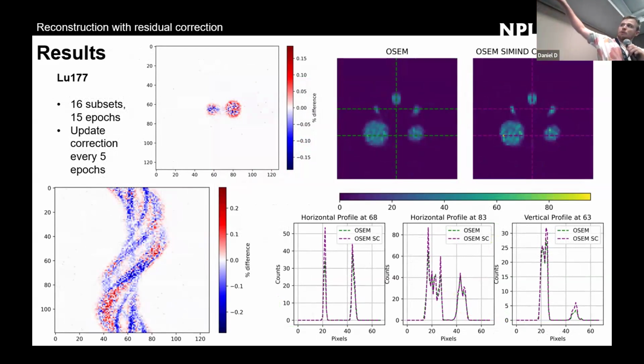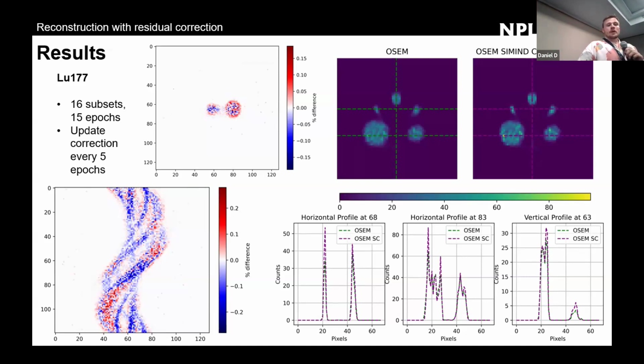On the left of these images is the OSCM image without any residual correction, and on the right, the OSCM image with residual correction. I don't know how easy it is to see, but the edges visually look sharper. In the profile plots, we can see an increase in the value of voxels inside the sphere without any increase in the noise on the outside.